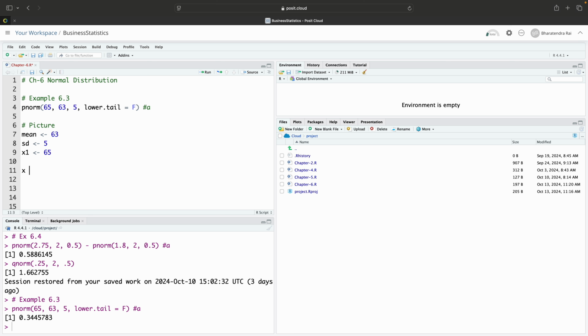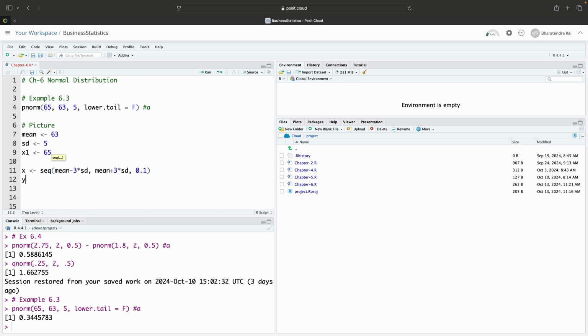Let's store in x a sequence of numbers, from mean minus 3 times standard deviation to mean plus 3 times standard deviation, and we can increment from the lower value to the higher value by 0.1. So this will be the lower tail, this is the upper tail, 3 standard deviations away from the mean, and then we increment by 0.1. So this should be seq, sequence.